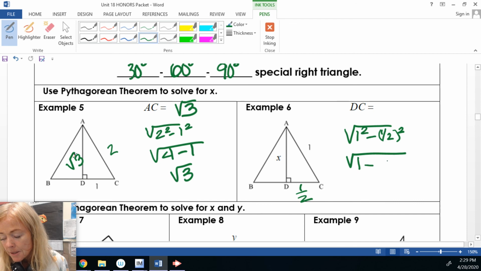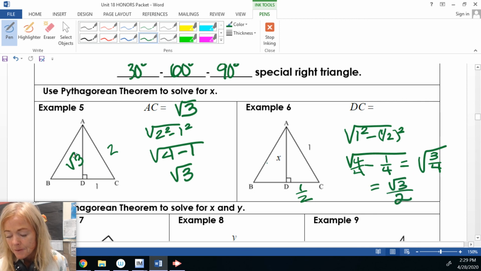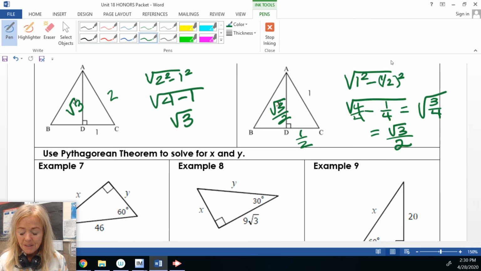That's 1 minus 1/4, which is the square root of, we have 4 over 4 to get a common denominator, 3/4, which is the square root of 3 over the square root of 4, which is 2. Right? So those are all the sides of the triangle.